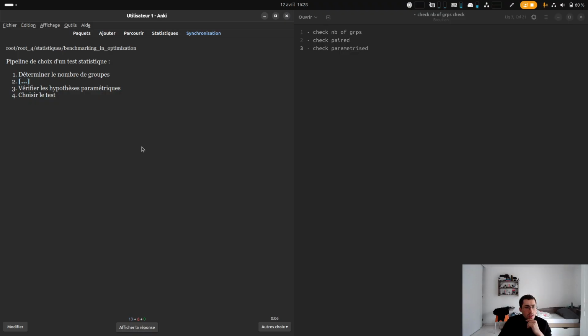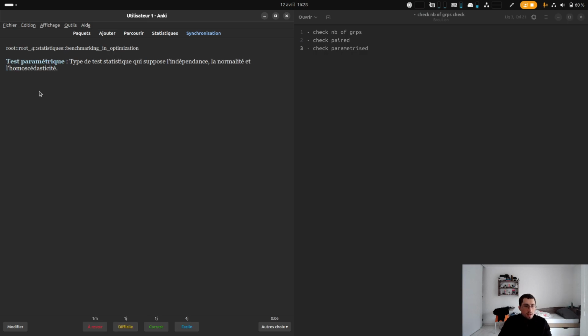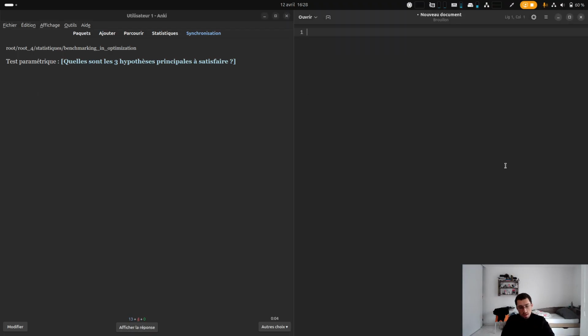Pipeline of statistical tests to choose: determine group number, determine if data are matched or not. Type of statistical test that supposes, okay, so these are parameterized tests. And as just seen, these tests suppose normality, independence, and homoscedasticity.